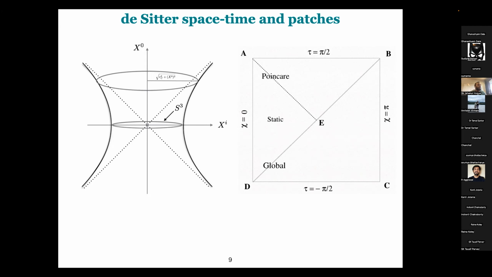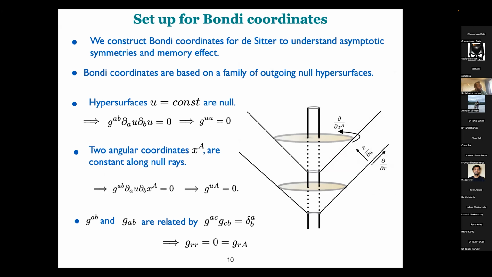For our purpose, we will assume there is some spatially compact source near the line AD. This source can affect only the upper triangle of the space-time, namely BAD. So it is enough to concentrate on this upper half of de Sitter, which is called the future Poincare patch.